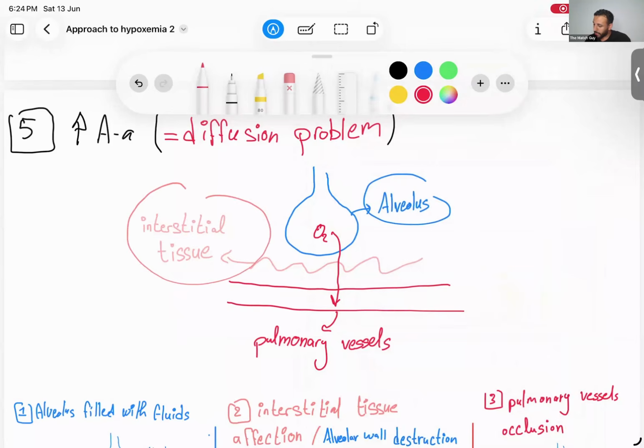And the third one is the pulmonary vessel. There could be a pathology in each component that leads to the same final result, which is decreased oxygen transfer from the alveolus to the pulmonary vessels. What will be the effect of all of them on the AA gradient? Do you remember, guys, if there's an affection of any one of them?